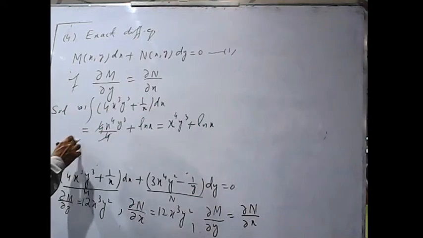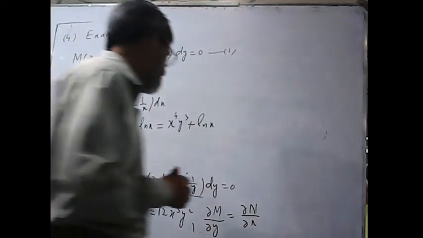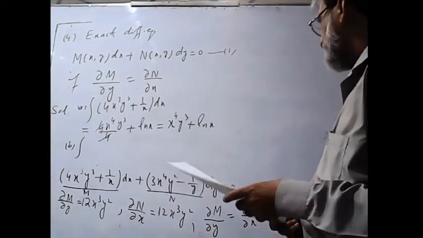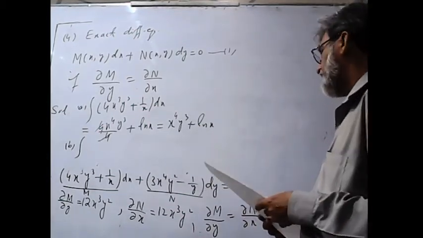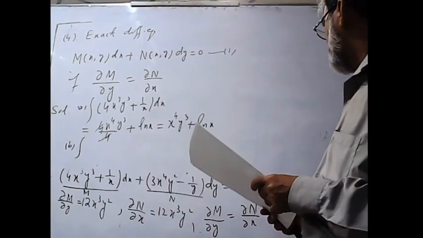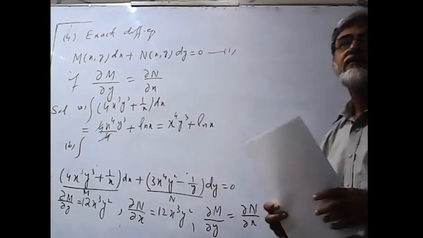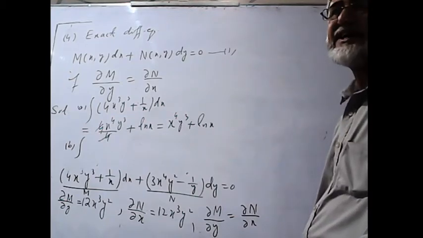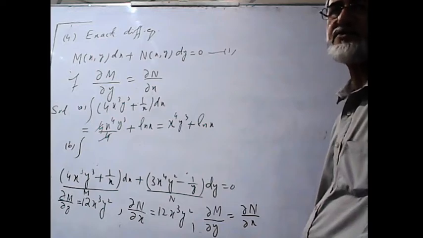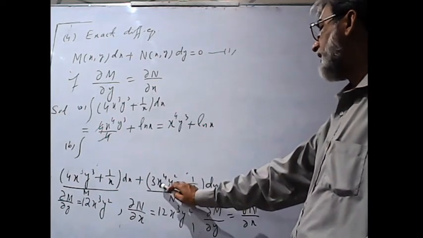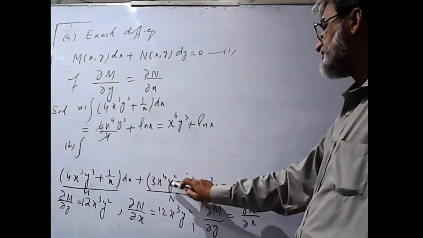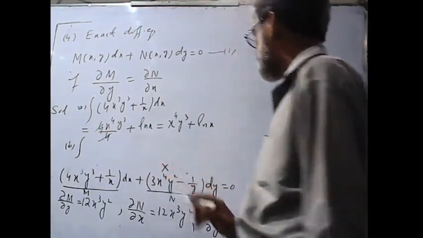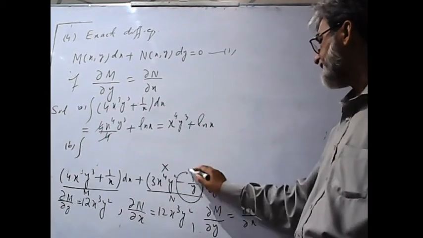Then part B. Now part B consists of the integral of all the terms which involve only the variable y. Integrate all the terms of N which are independent of x. So you cannot consider this first term because it involves x⁴. So consider only this term.